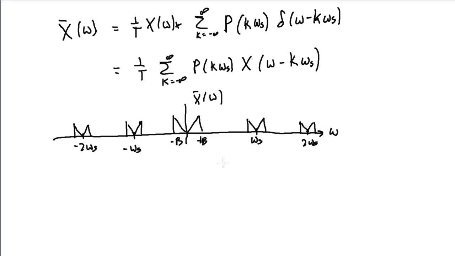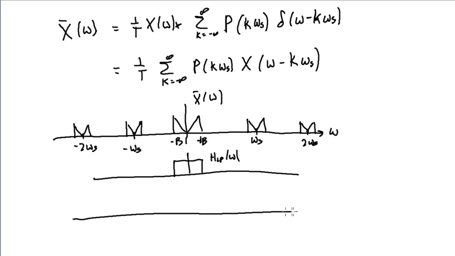Although this practically sampled spectrum is not the same as the ideally sampled spectrum, you can see that if I low pass filter X-bar(omega) again, what I'm doing in the frequency domain, of course, is taking the product, and then the output of running X-bar(omega) through this low pass filter will give me this result, which at this point maybe has a slightly different amplitude, but has the same shape as the spectrum of my original X(omega).